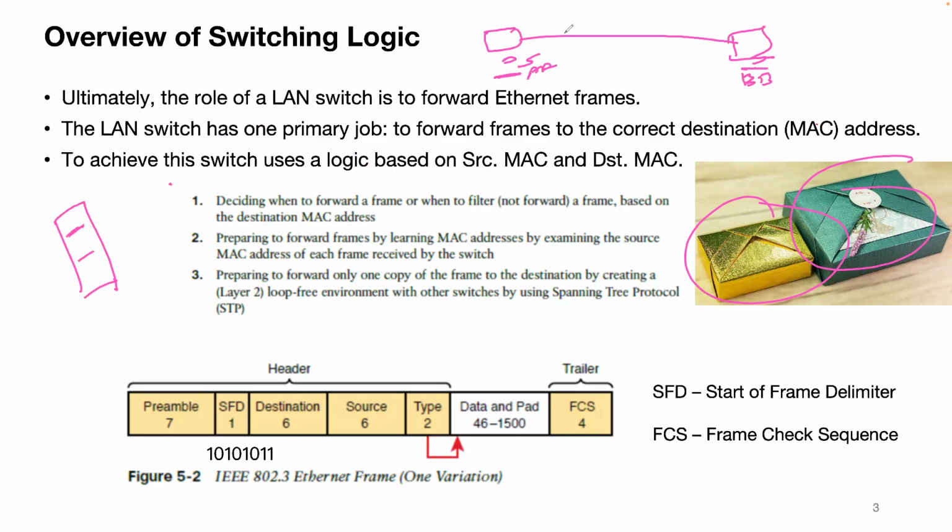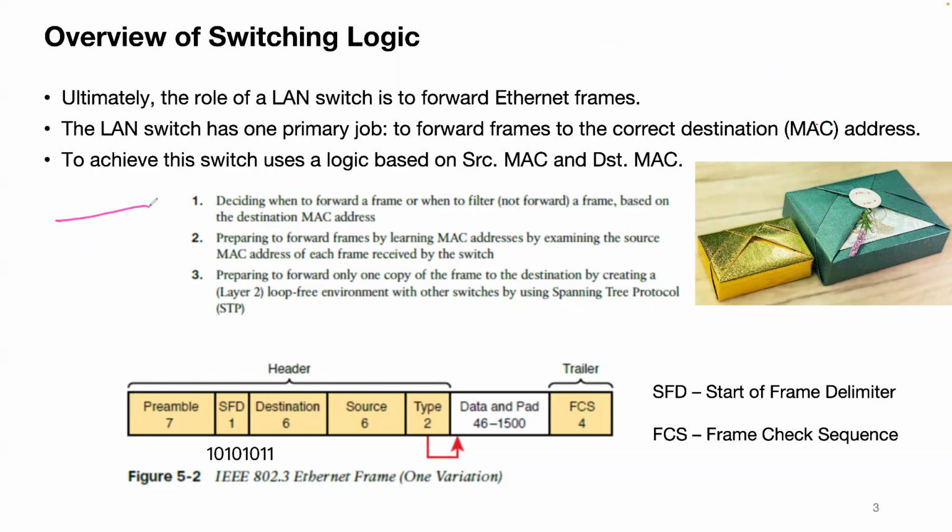Similarly, when I'm adding the source MAC address and destination MAC address on top of the data being sent from here to here, we are adding some more additional things as well. Apart from source MAC and destination MAC, we are adding something called preamble. What does preamble mean? In a switch, when a lot of information is coming in, it comes in blocks like this.